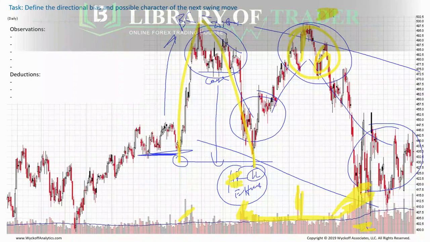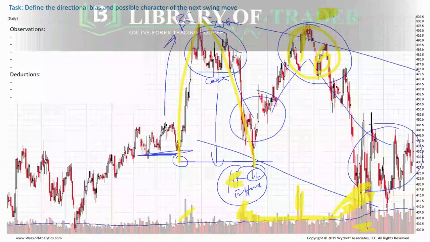So that confirms the bearish bias and also increases the probability of the continuation, because we see that now that synchronicity is playing out. We're seeing how effort is increasing because volume is increasing, and we're seeing how result is increasing because the distance of the downswing is increasing and the spread is increasing itself.